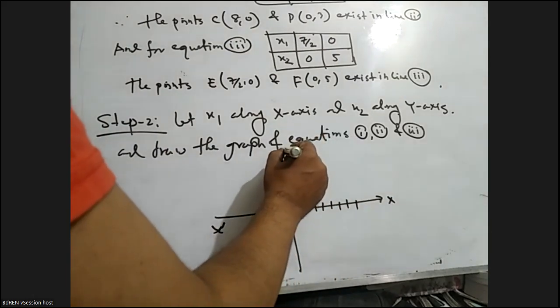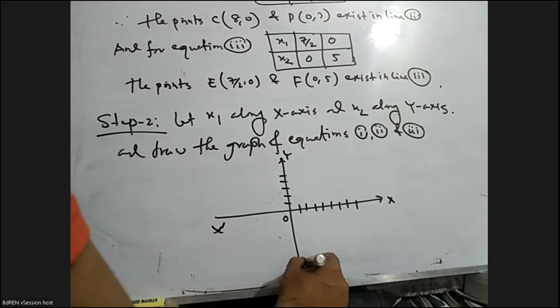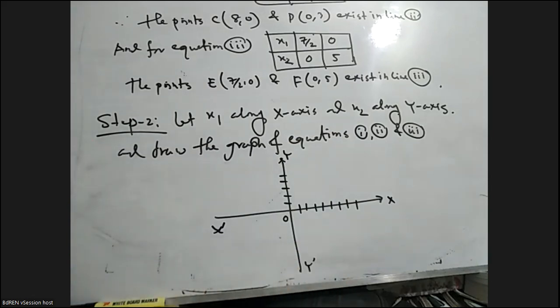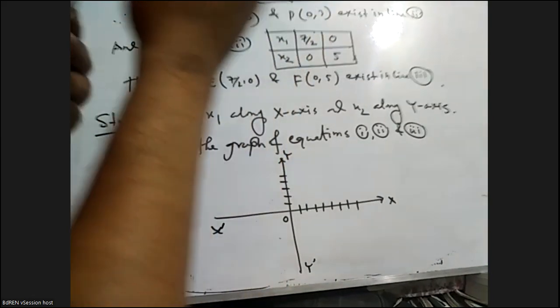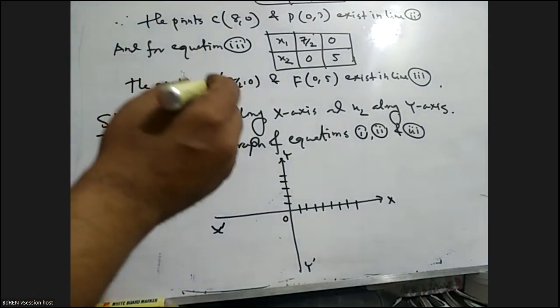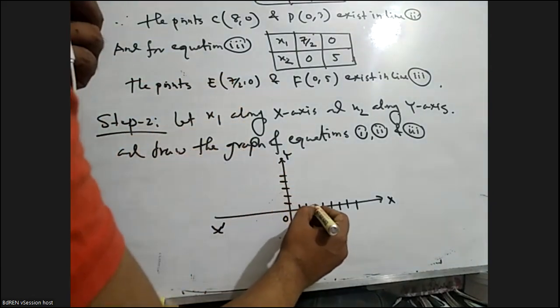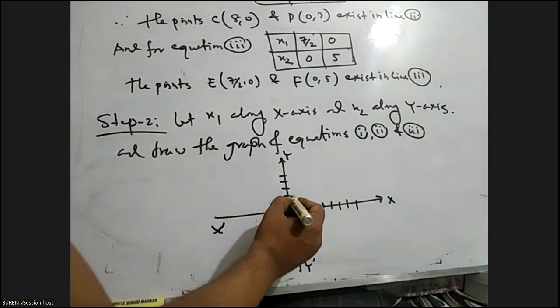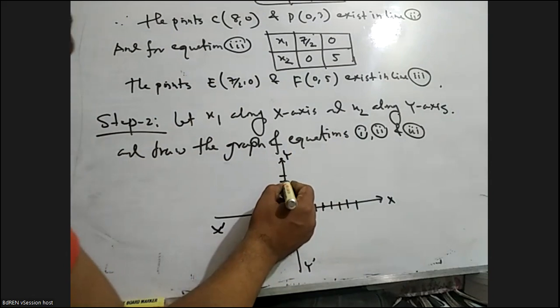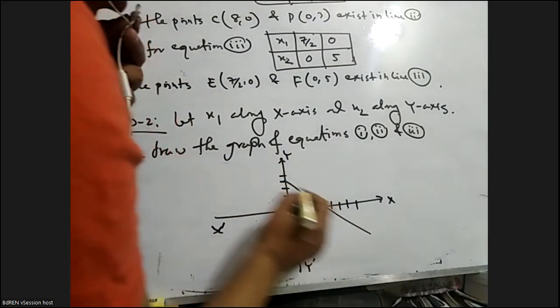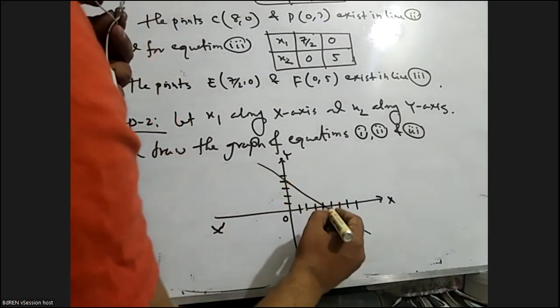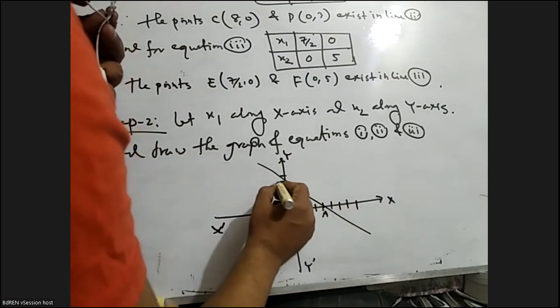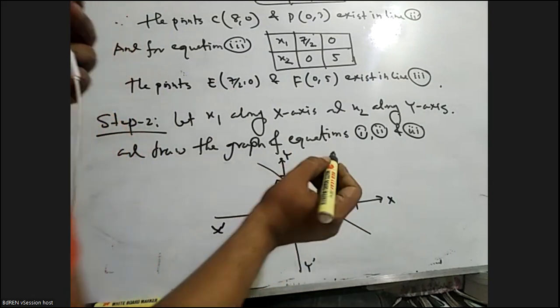So this is the y-axis. Now you have to find the A point: 1, 2, 3, 4. This is the A point, and the B point also 1, 2, 3, 4. This is the B point. Joining these two, this is the A point and this is the B point.